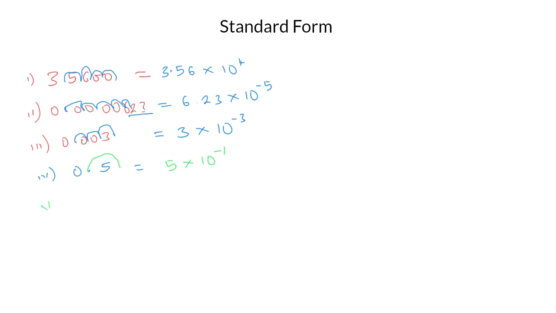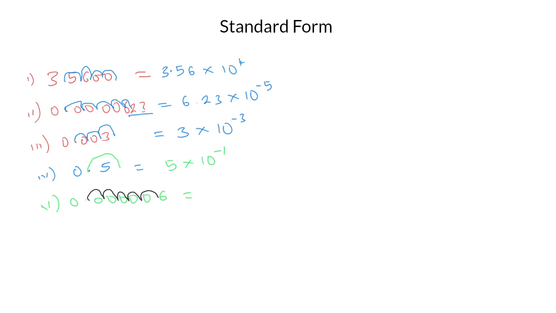Think about it again. If you have 0.000006, okay, the front number must be between 1 and 10. So when I'm moving this, I have to move 1, 2, 3, 4, 5. I can't stop here because this is 0.6.